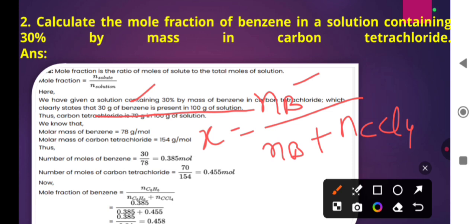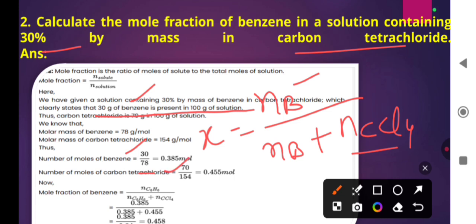So moles, how can you solve? Given mass by molar mass. So given mass by molar mass of benzene: 30 by 78. 30 is given, 78 we have calculated already, it is the molar mass of benzene. Now moles of carbon tetrachloride, in the same way you can solve. 30% is given, so 30 gram of benzene, then the remaining part is 70 gram of carbon tetrachloride.